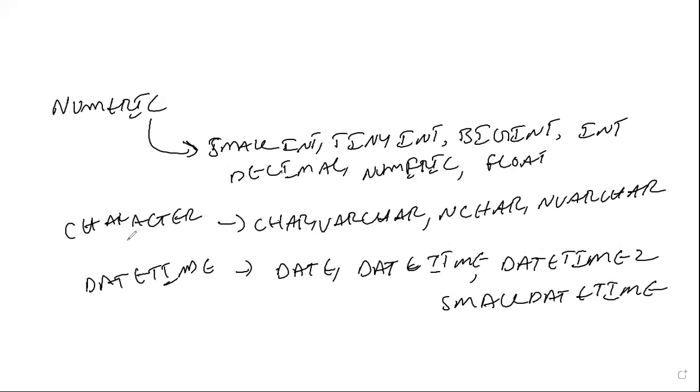When it comes to character, we will be having char, varchar, nchar, nvarchar. When it comes to date and time, we will be having date, date time, and small date time. Write down this one in your notes.